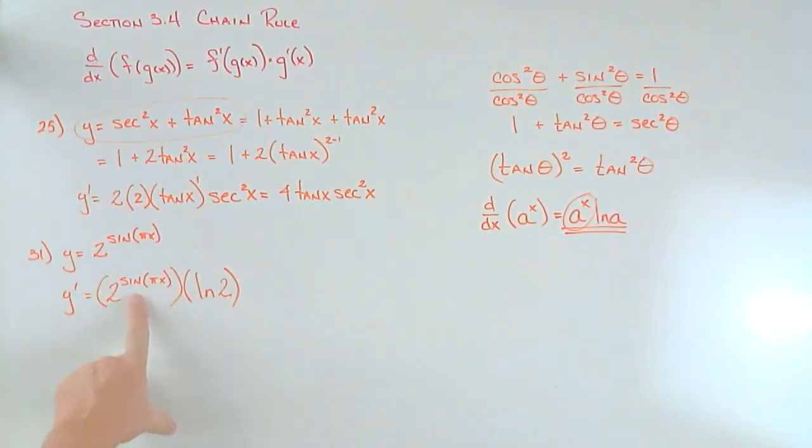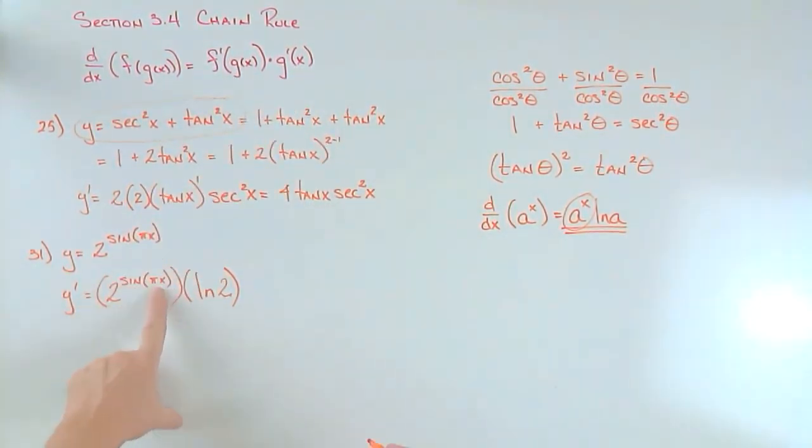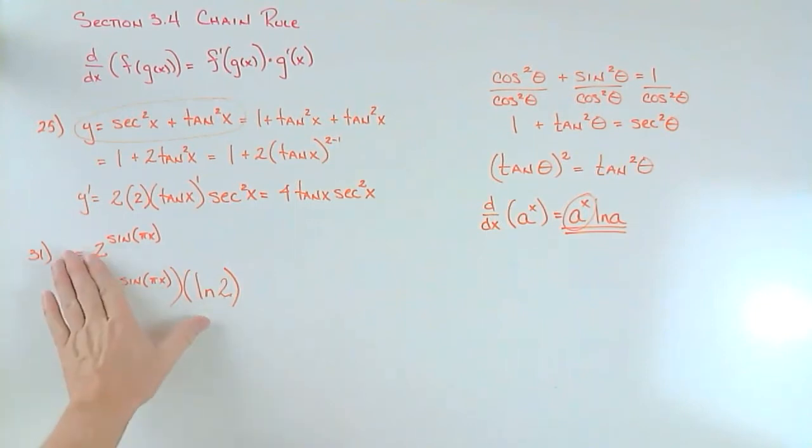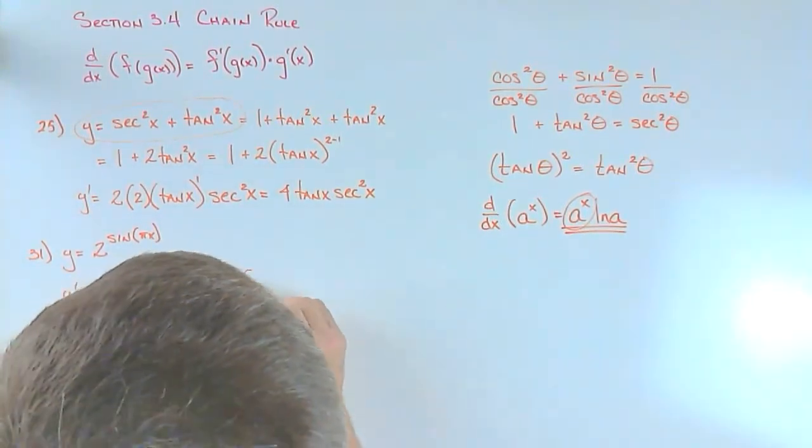But it turns out our power is a function. So we have to use the chain rule. Right? We have to continue the derivative, we've got to take the derivative of what's inside. Now, what's inside is sine of pi x, right? So we got to take the derivative of sine of pi x. The derivative of sine is cosine of pi x.